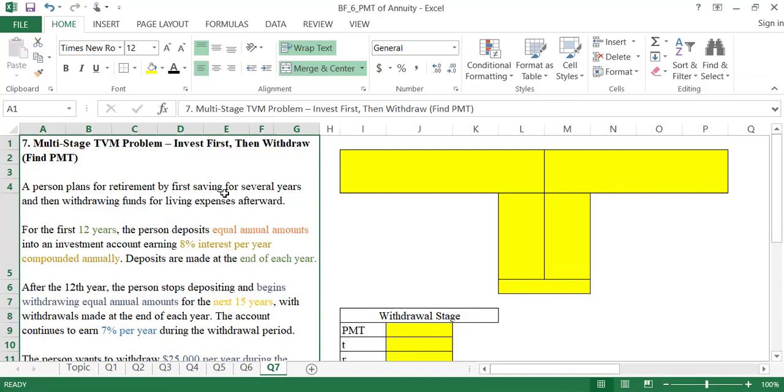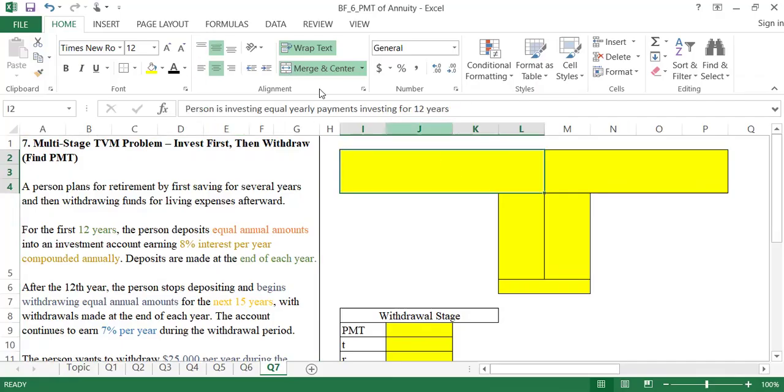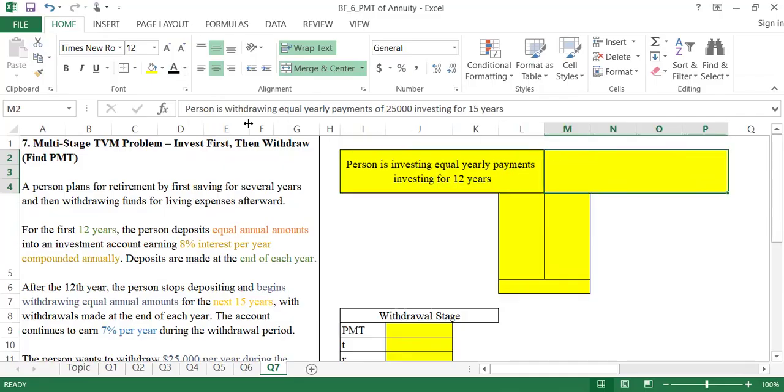Now, this person is working on two separate timelines. For the first 12 years, he is investing equal annual payments. Every year he makes a deposit. And then for the next 15 years, he withdraws money.